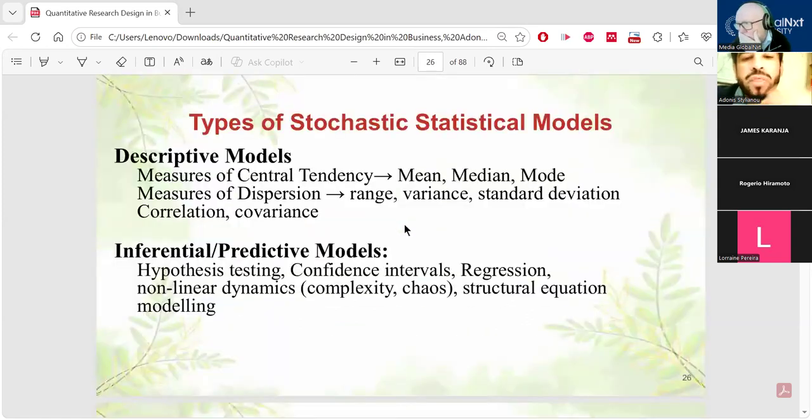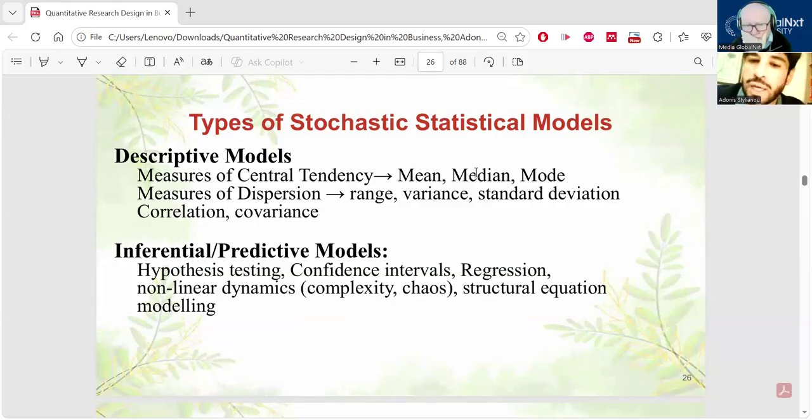Okay, things you might be aware of already: descriptive statistics, the mean, the median, the mode, the median being the middle value, especially when we have extreme outliers which could invalidate the average. The measures of dispersion, the variance, the standard deviation, which is the square root of variance, the most important, how far away from the average our data are actually positioned on average.